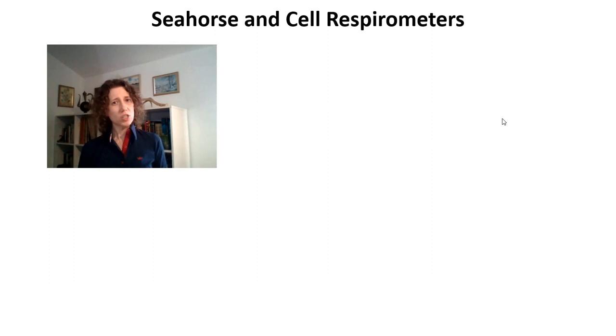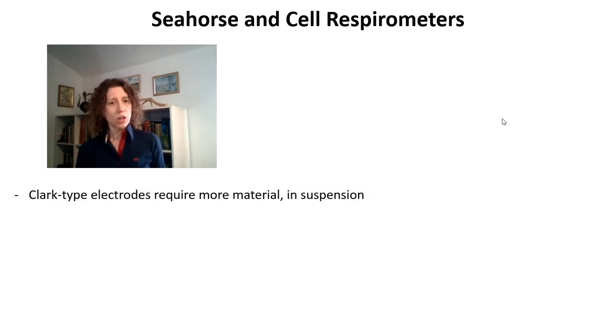Now, when you're measuring oxygen consumption in intact cells, Clark-type electrodes are perfectly fine. You can use Clark-type electrodes like we used for permeabilized systems. However, you do have to have more material just because the volume that's involved in Clark-type electrodes is a lot larger. Also, typically, you have to study your cells in suspension.